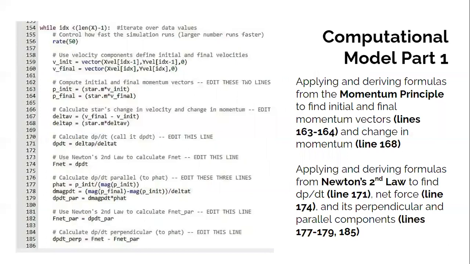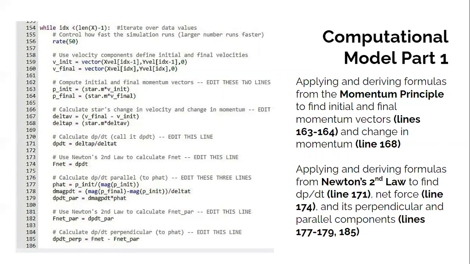And then we begin to identify the momentum of the star. Starting at line 163, we identify the initial and final momentum vectors using p equals m times v for both the initial and final momentum. We calculate the change in velocity by taking v final minus v initial, and the change in momentum using the formula we discussed, the change in momentum equals the mass times the change in velocity, at line 168. And then we need to calculate dp/dt, which, from Newton's second law, we know is equivalent to the net force.